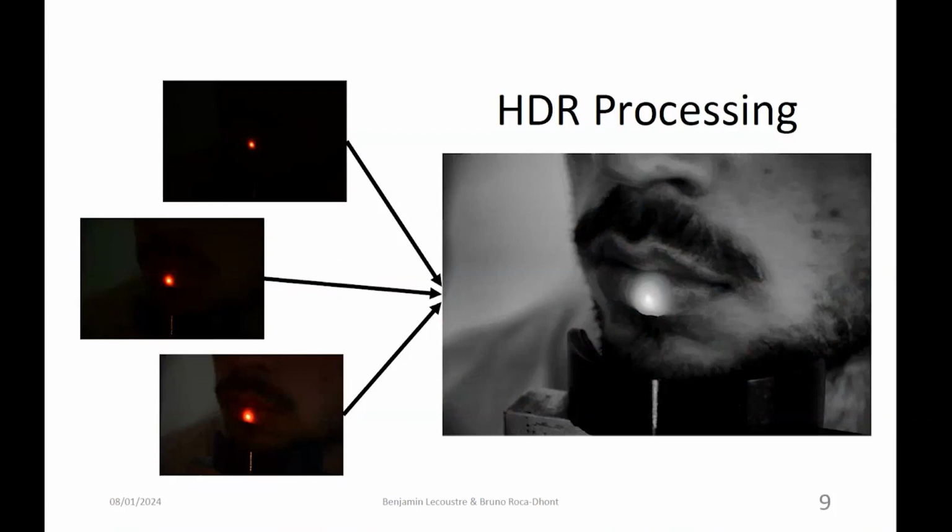The idea is to take 3 pictures of the same sample, one underexposed, one well exposed, and one overexposed. Then with MATLAB code, we can merge these 3 images into one image that has a broader dynamic, which gives more information on the PSF.